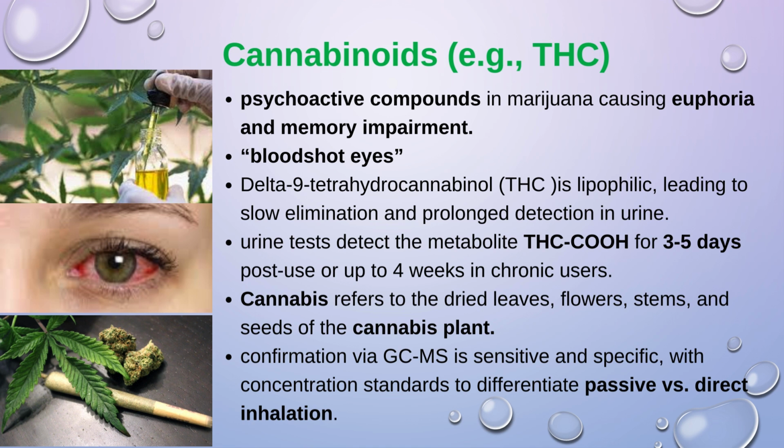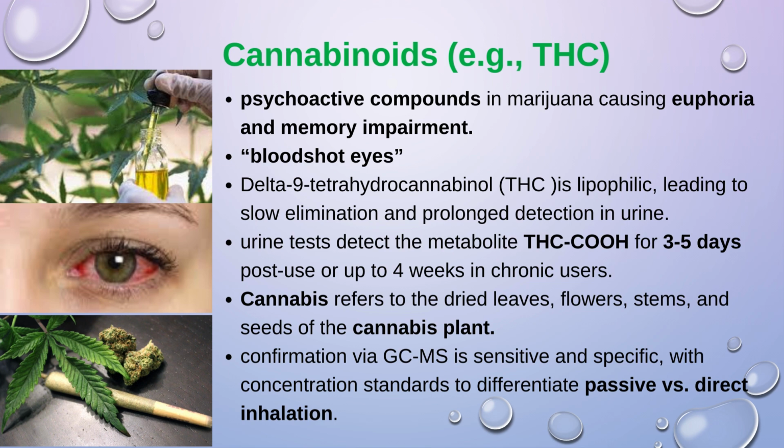Next, cannabinoids. These compounds are psychoactive and present in marijuana, causing euphoria and memory impairment. Commonly, if the person is abusing this, we can observe bloodshot eyes. Delta-9-tetrahydrocannabinol is lipophilic, so it loves the adipose tissues. There's accumulation in the adipose tissues. Hence, the elimination is surely slow, and there is prolonged detection in urine.